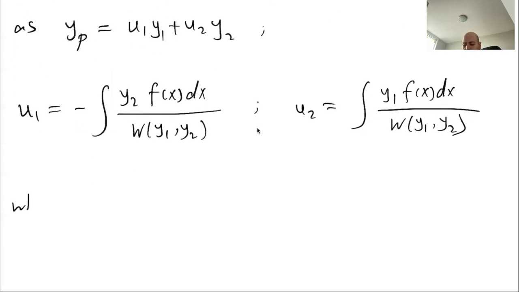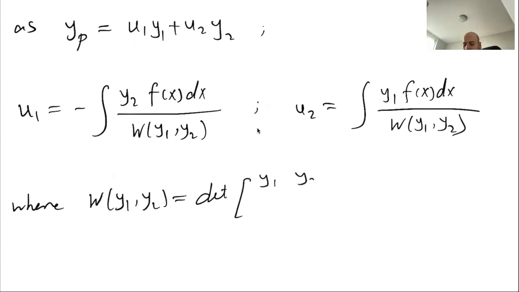And W of y1 and y2 can be written as the determinant of y1, y2, y1 prime, y2 prime.